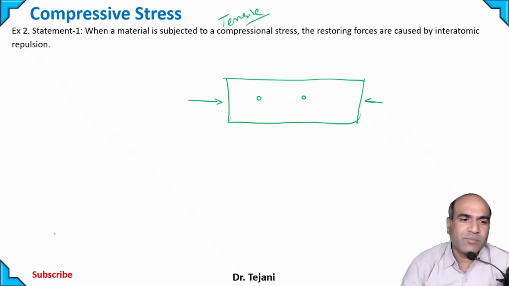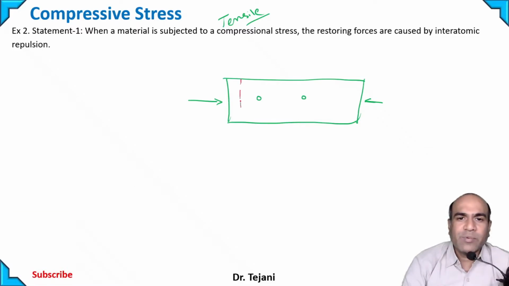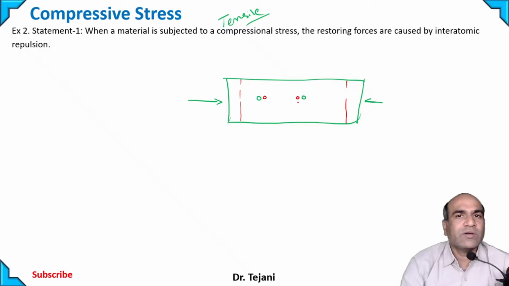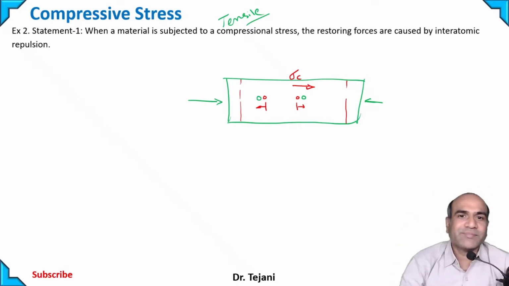After compression of this rubber, it compresses up to this level. So there is some effect on molecules also. What happens? These molecules want to move to their original position, and they apply an opposite force. That is sigma, and that is a restoring force. So statement one is true, right?